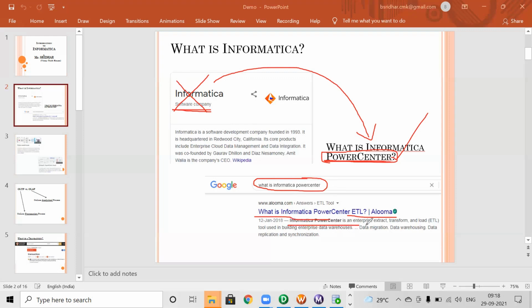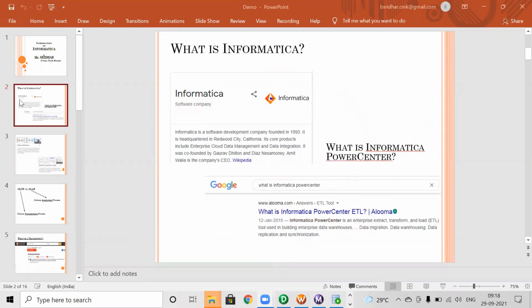Informatica PowerCenter is an enterprise extract, transform, and load ETL tool used in building enterprise data warehouses. So PowerCenter is an ETL tool that is used to build an enterprise data warehouse. Fine. Now we need to understand what a data warehouse is.